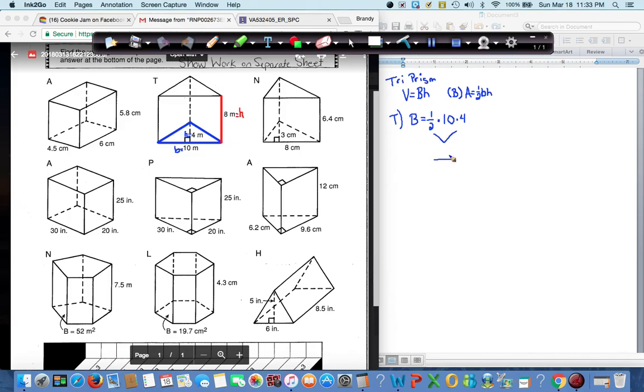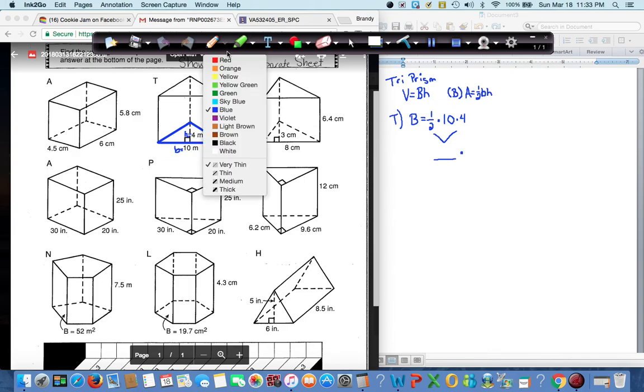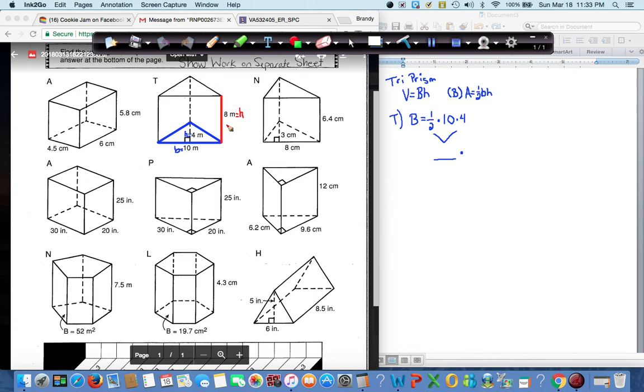Then you're going to take this and multiply it by the 8, the height of the triangular prism. So 1/2 times 10 times 4 will give you this answer, and then this answer times 8 will give you your final volume answer that you need for the worksheet.